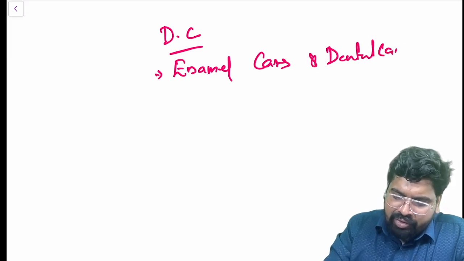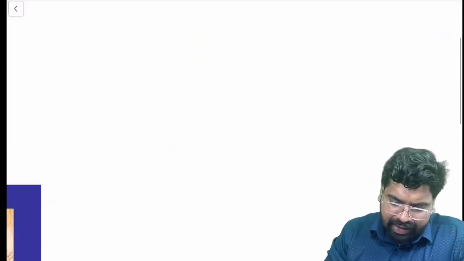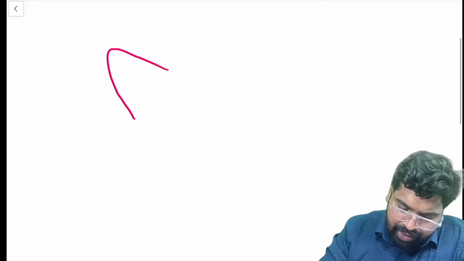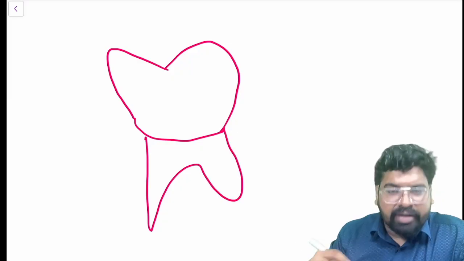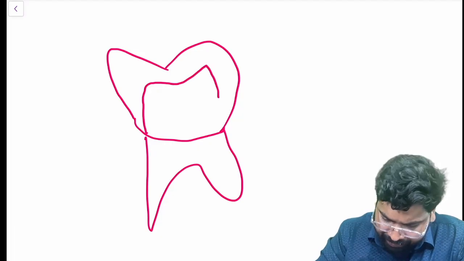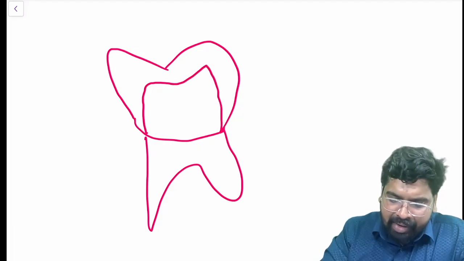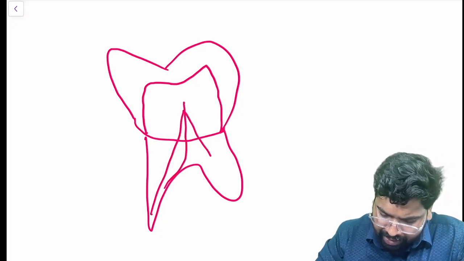So for enamel caries, let me draw a tooth crown. The red part is the enamel. I have dentin, and inside it my pulpal tissue.